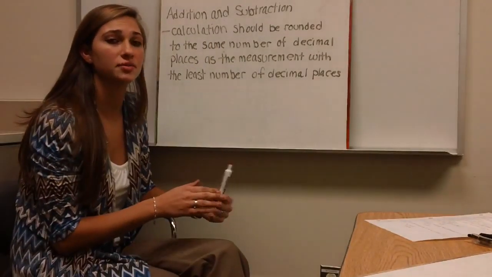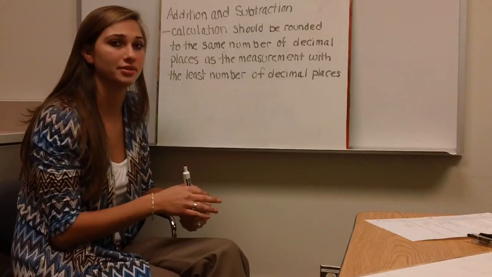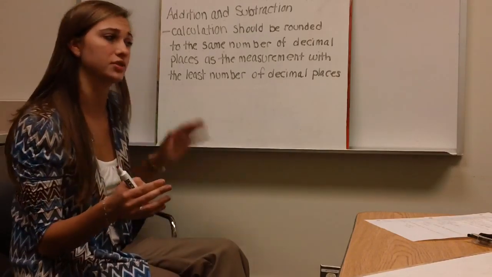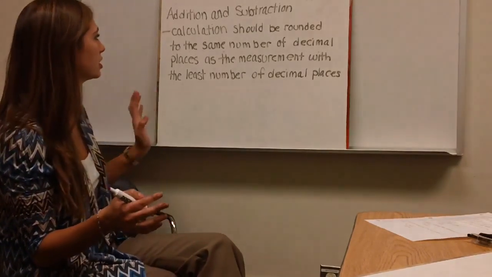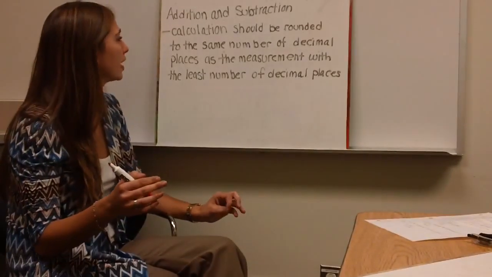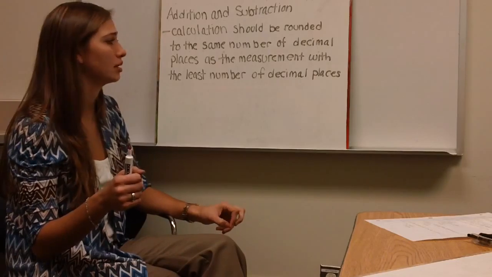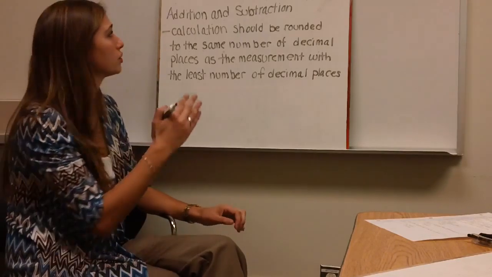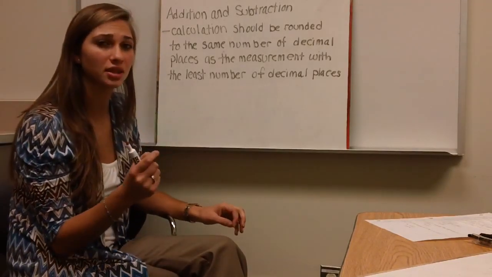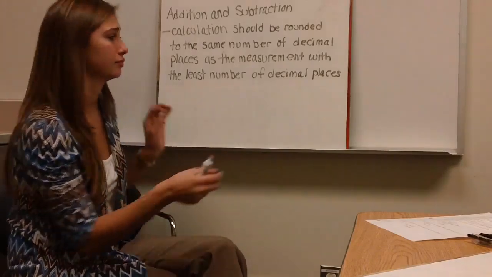So when we do addition and subtraction, it's going to have a different rule than if we did multiplication and division. So let's look at addition and subtraction first. The calculation should be rounded to the same number of decimal places as the measurement with the least number of decimal places. So when you're looking at addition and subtraction, you're counting the amount of decimal places that there are.